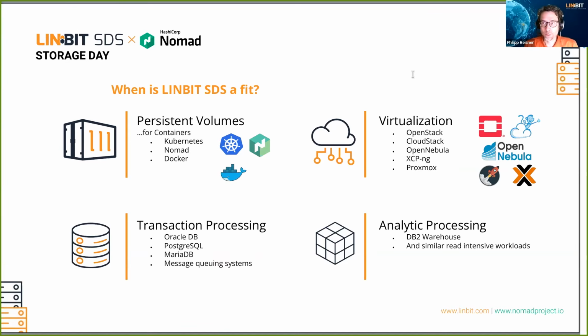For what type of applications is it a good fit? It's very good for all kinds of transactional workloads. Number one is SQL type databases: Oracle Database, Postgres, MariaDB. It is also a good fit for message queuing systems and also analytic processing, that is, these data warehouse kind of databases.